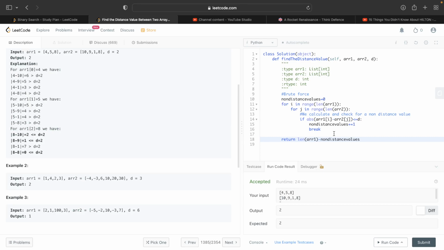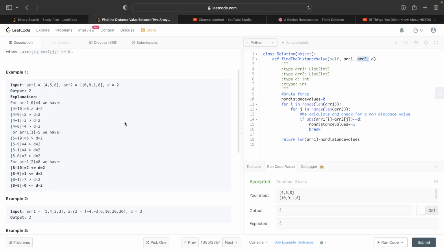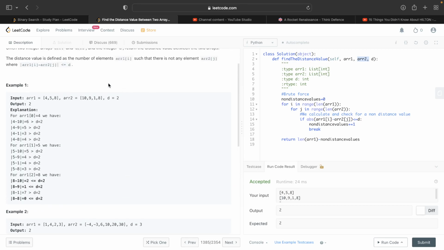So how do we improve this? Instead of doing a for loop, we go through arr1 and then binary search arr2. But arr2 is not sorted. So all we have to do is sort arr2 first, then iterate through arr1, and for each value, instead of iterating through all of arr2, we do a binary search.